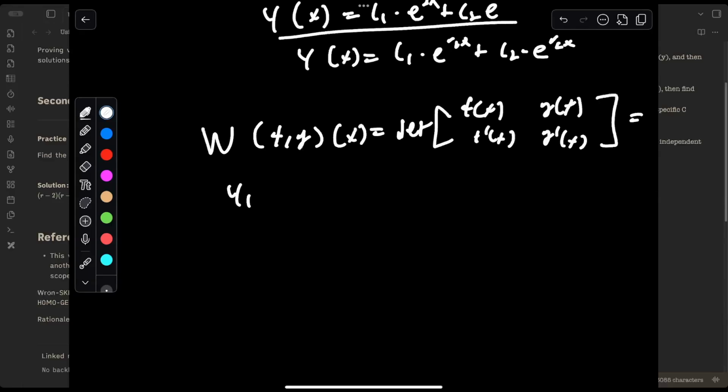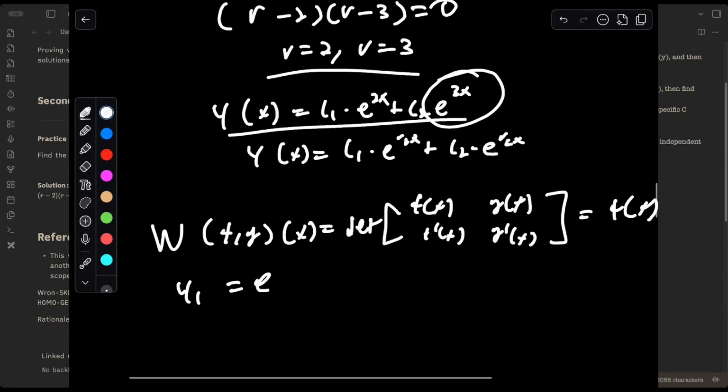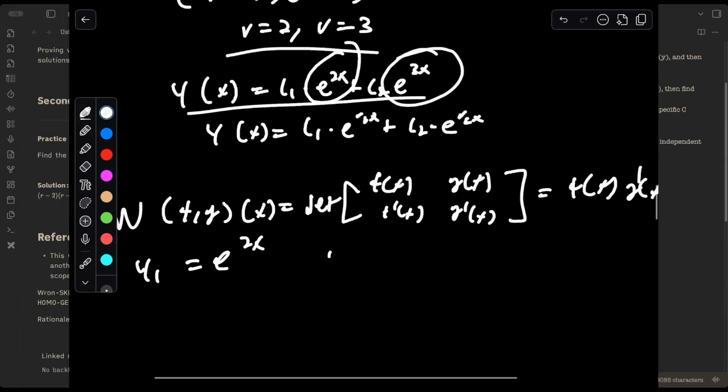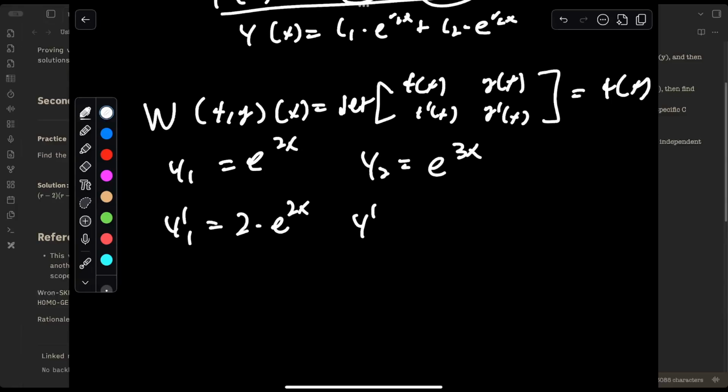y1 is going to be, as we got here, e to the power of 2x. y2 is going to be e to the power of 3x. y1 prime is going to be 2 times e to the power of 2x, and y2 prime is going to be 3 times e to the power of 3x.